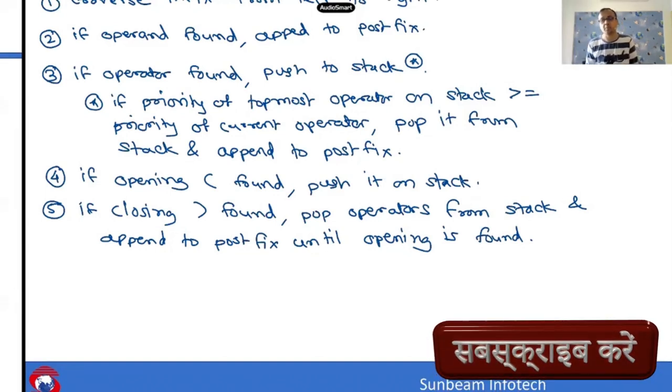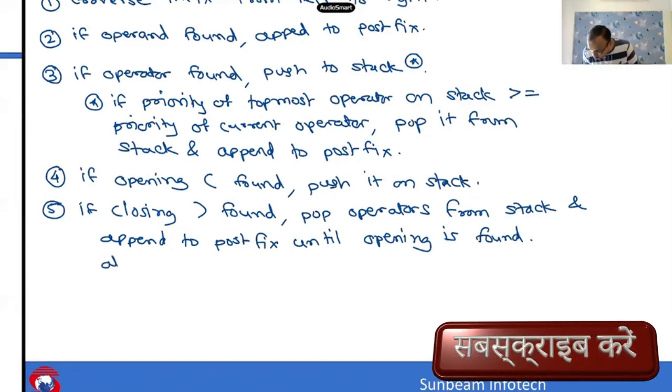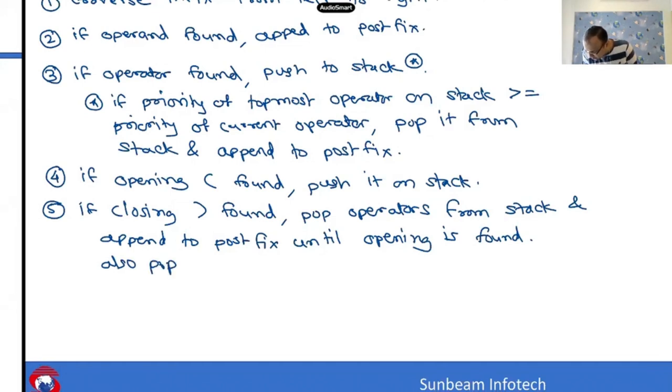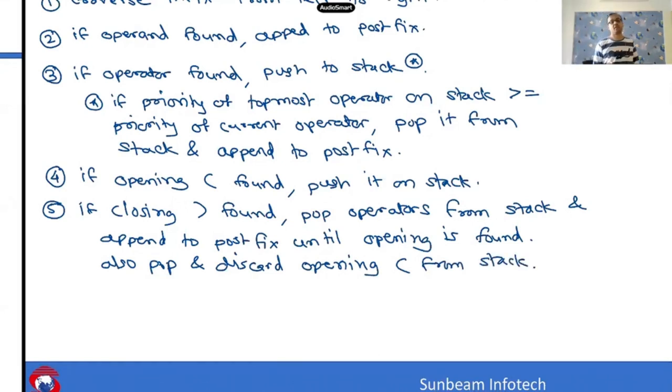But wait, what about that opening? Also pop and discard. Why am I saying discard? Because you do not have to append it. Opening from stack, like point number 5.